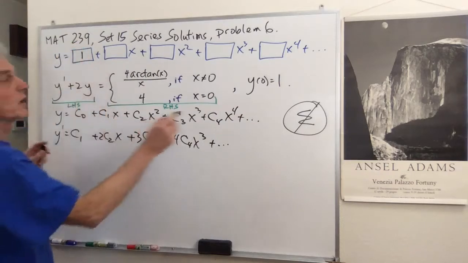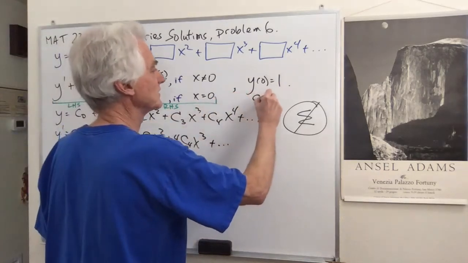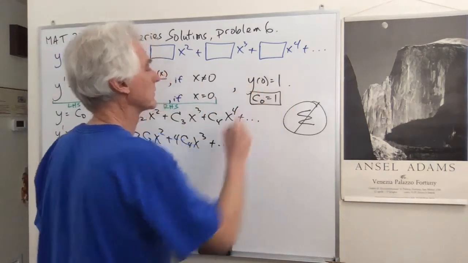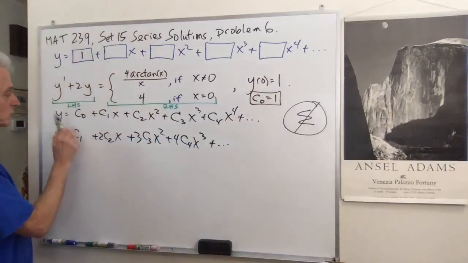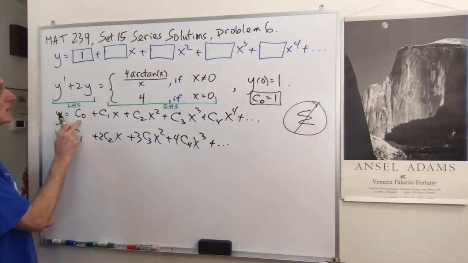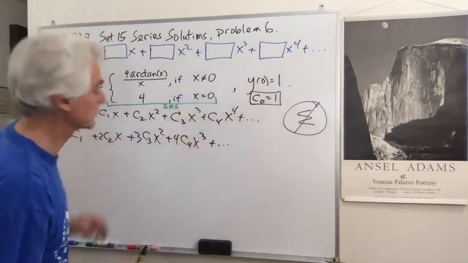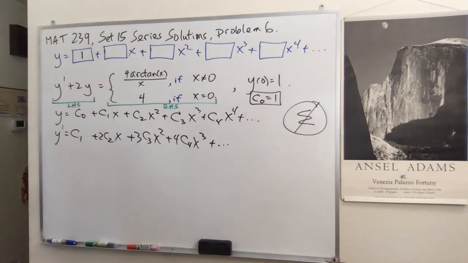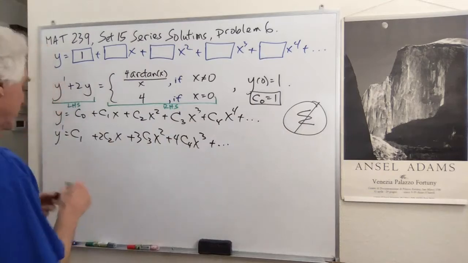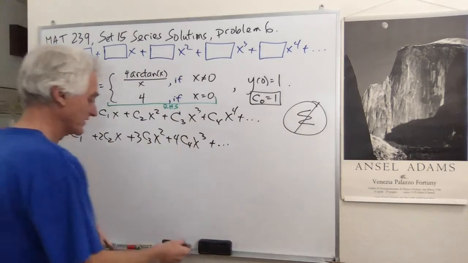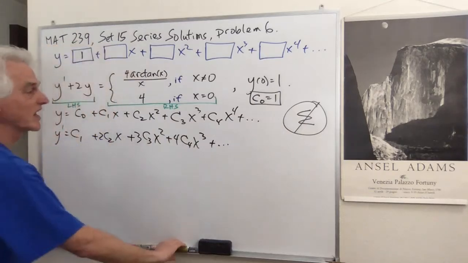This says that C0 is 1. The constant term in the solution is 1, because y of 0 is C0 plus 0 plus 0 plus 0 plus 0, forever. So 20% already.